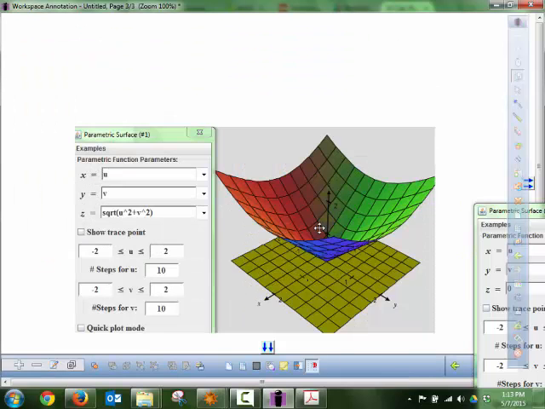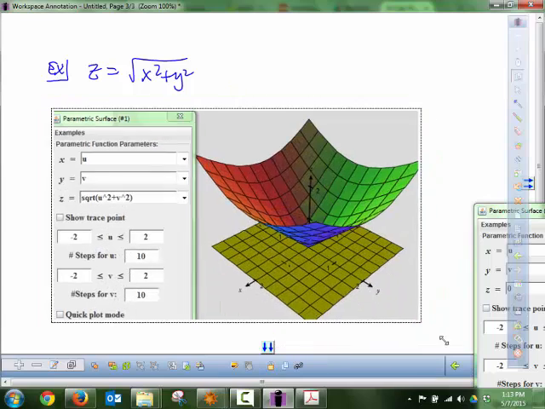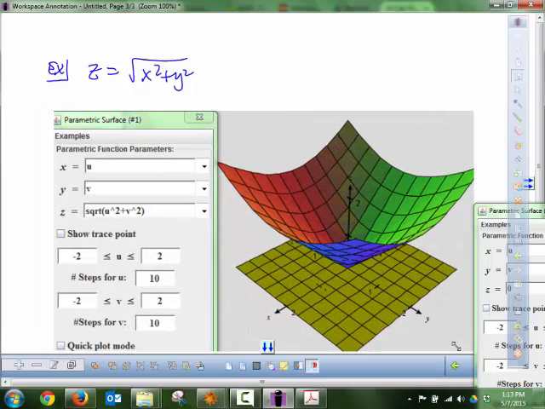Too many clicking things here. If you guys have time to go and mess around with this particular program, you should really try to draw some cones and other things. Paraboloids, hyperboloids, those are things that we know of, and then try to look up some other interesting things to draw.